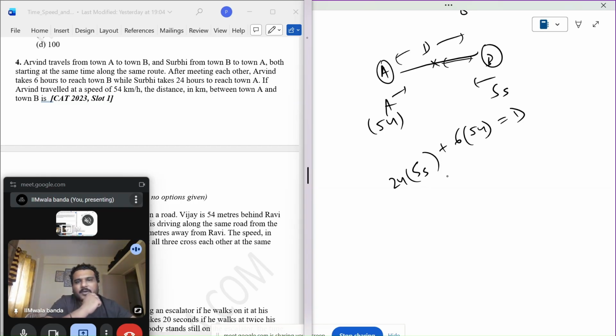What else do we know about them? After meeting each other, this much time. They're taking 54. We don't have any other information. 6 hours to cover this much distance, 24 hours to cover this much distance.